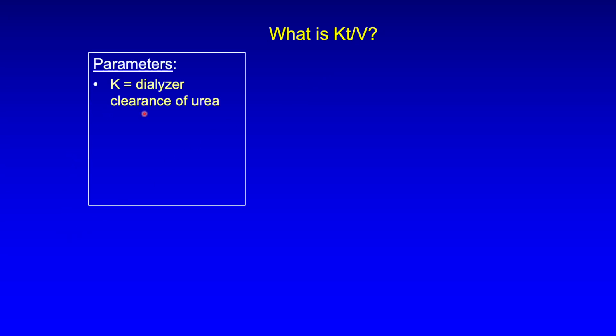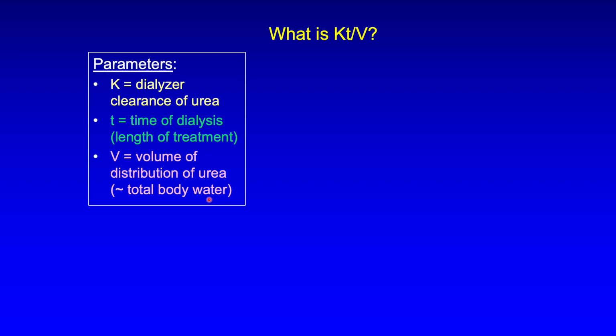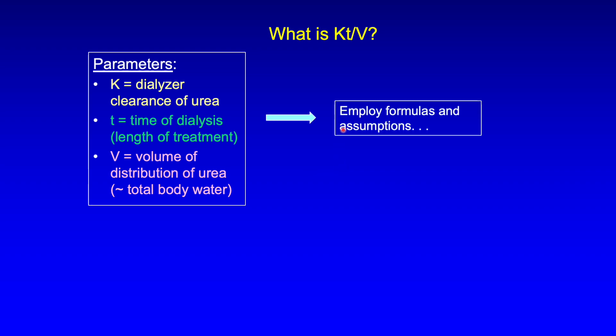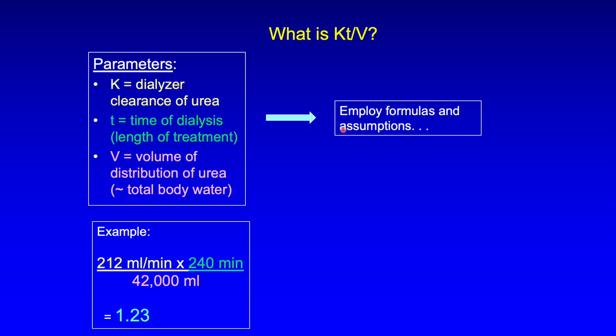So these include K, the dialyzer clearance of urea, T, the time of dialysis or the length of treatment, and V, the volume of distribution of urea, which is approximately the total body water. So using these parameters, the dialysis computer will make some calculations and employ various formulas, assumptions, and corrections, and spit out a number that it calls KT/V.